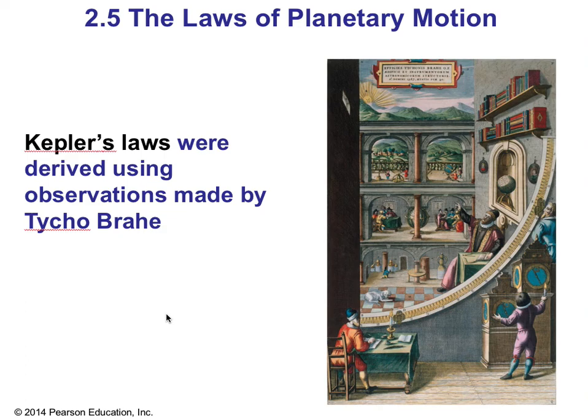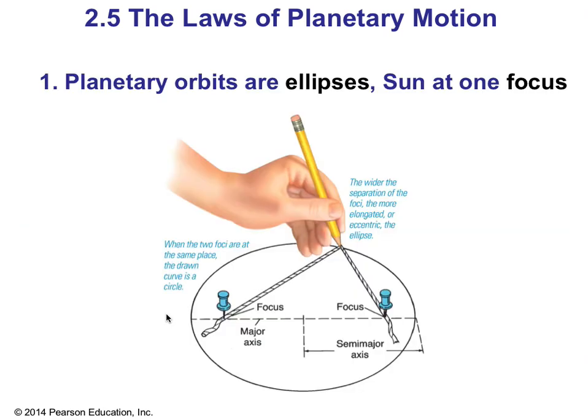And then, of course, we get into the laws of planetary motion, and Kepler's laws were essential to the study of astronomy. Kepler actually took data that Tycho Brahe was able to collect, and Kepler utilized that data to come up with his laws of planetary motion.